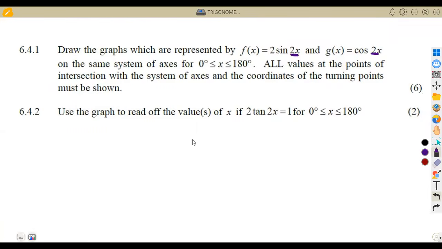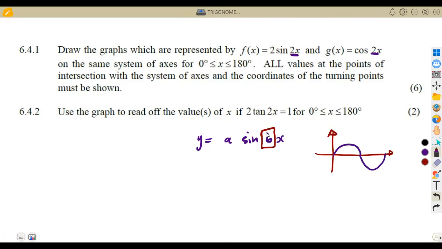It's multiplying x directly. It's like we are drawing the graph of y is equal to a sine x like this. So this part here affects our graph in terms of its ending point. Like if we are talking about this graph here, it was supposed to be from 0 to 360.